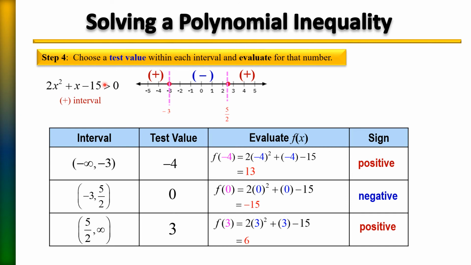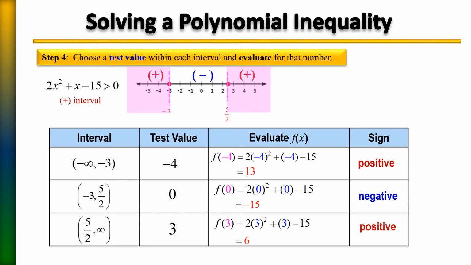And this is a greater than symbol. So I'm looking for points that are greater than 0. Anything that's greater than 0 is definitely going to be a positive number. So I am looking for all regions that are positive.